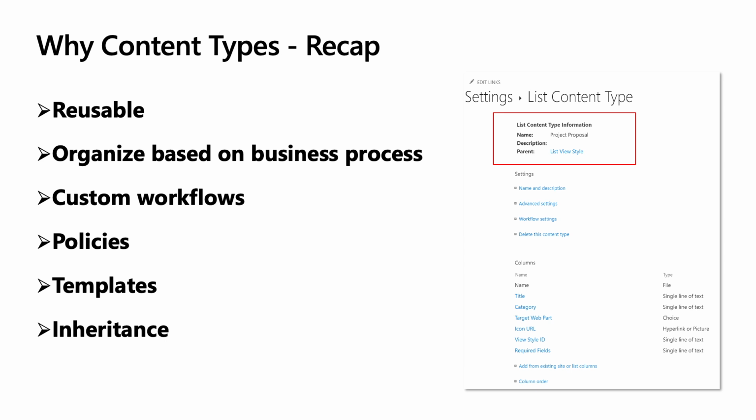Content types are representative of types of content for which you can define custom properties. These definitions are reusable both within a site and across sites. They allow you to organize based on your business processes. With these packages of content types defined, you can then specify custom workflows using Power Automate and use them as vehicles for implementing policies.